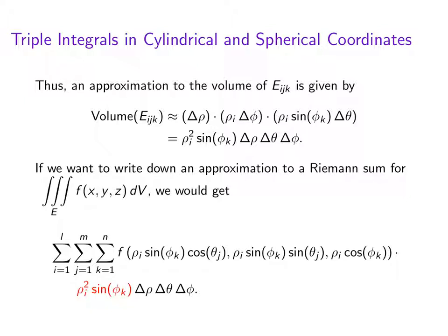We get the triple sum of f, where we have now replaced x, y, and z with the appropriate spherical coordinates transformation. And because the volume of the box is given by this expression, we have to put that in at the end.